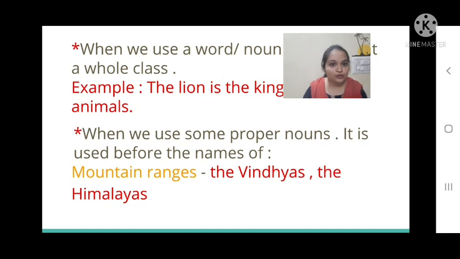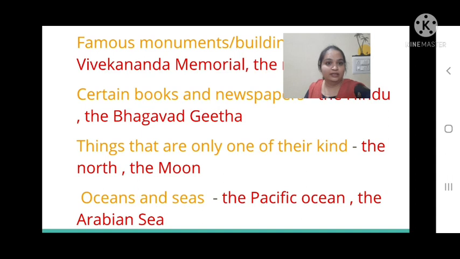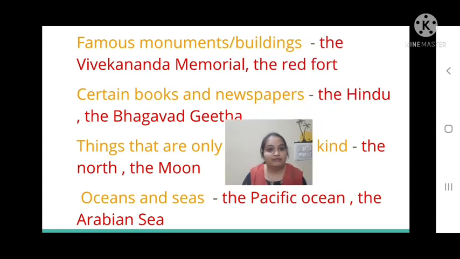And we also should remember, when we use some proper nouns, it is used before the names of mountain ranges. So the example, the Vindhyas, the Himalayas. And when we talk about the famous monuments or buildings, for example, the Vivekananda Memorial, the Red Fort.